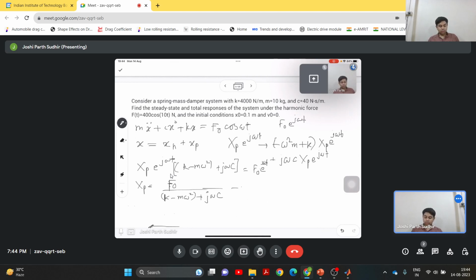So we could say that the amplitude xp is given by f naught on square root of k minus m omega square whole square plus omega square c square.